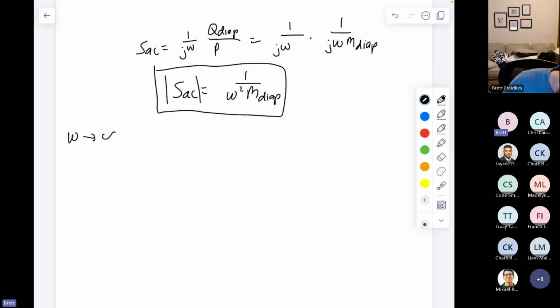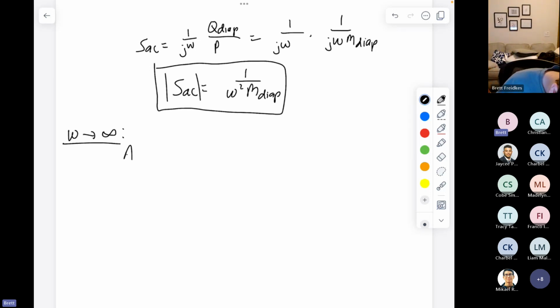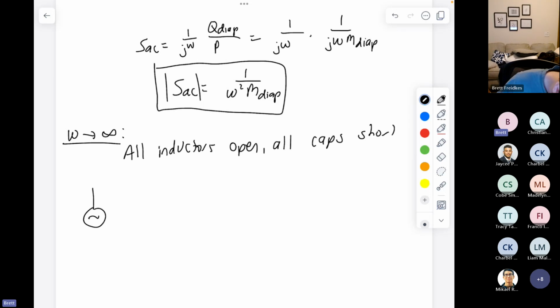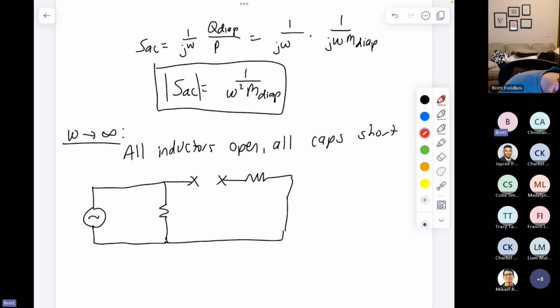So, last one. Omega goes to infinity. In the last situation, if omega goes to infinity, all our inductors open and all the capacitors short, which is what I'm showing in red here.